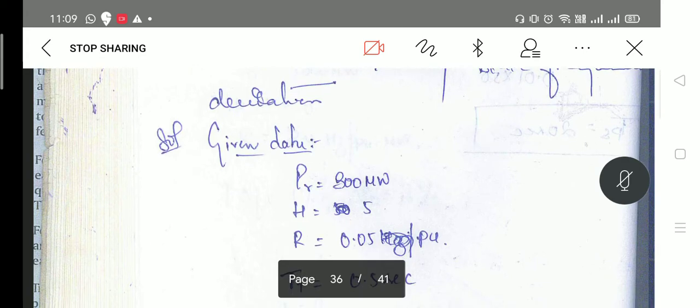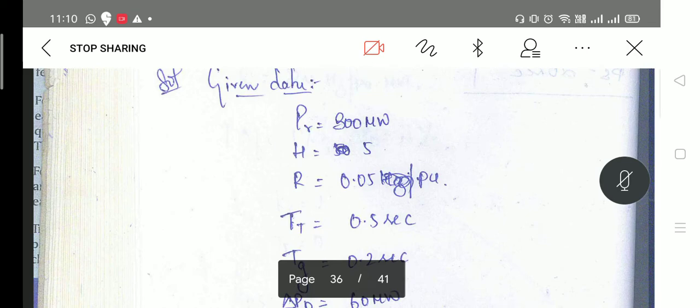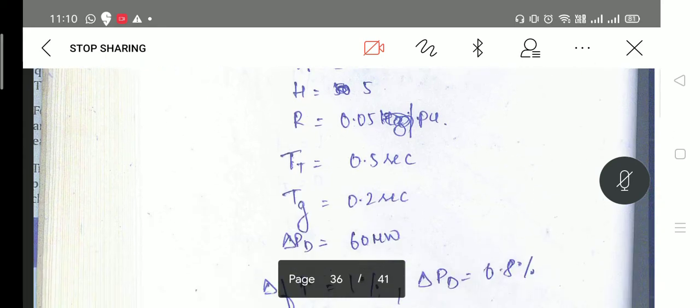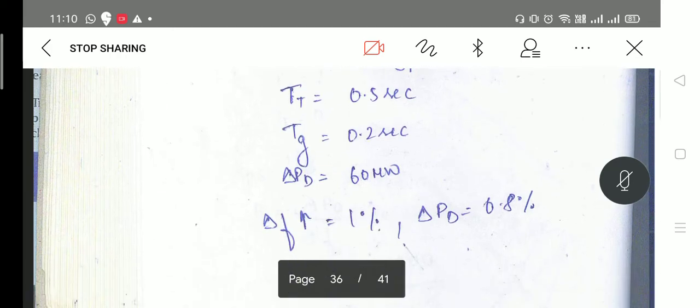Okay, from all the given data we can write, first of all, PR is equal to 300 megawatts, the speed governor regulation is R equal to 0.05 per unit, Tt is 0.5 seconds, Tg is 0.2 seconds, and delta PD is 60 megawatts, with delta F 1% and delta PD 0.8% from the data.